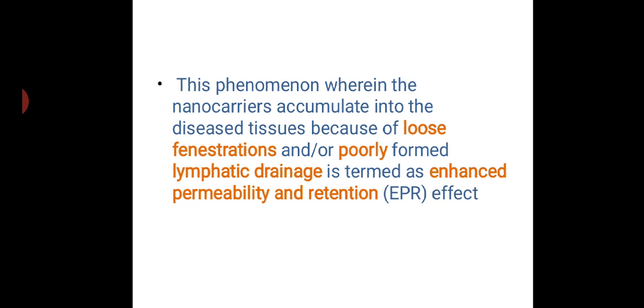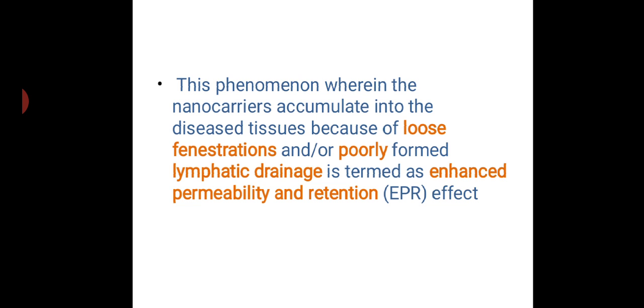Secondly, in the diseased tissue, as per the physiology of the diseased tissue, they are having loose fenestrations, that is, the cells might be very loose, a poor lymphatic drainage system, and the last one is enhanced permeability and retention. So this is another major condition of the diseased tissue, that they are having enhanced permeability.